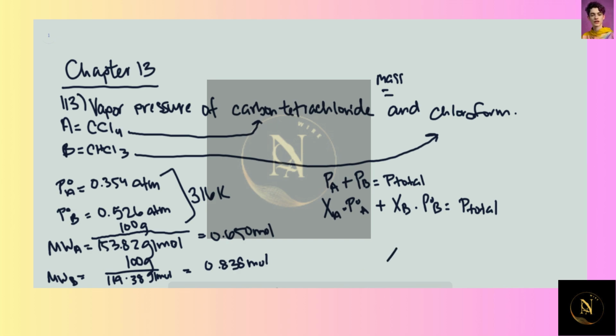Now what we have to do is use these two molar amounts to find the mole fractions of each, carbon tetrachloride here and chloroform, and we know the pressures of pure carbon tetrachloride and chloroform. So you can plug them into this equation here. The mole fraction of carbon tetrachloride is the number of moles of carbon tetrachloride over the number of moles of both substances combined. And we know that the pressure of pure carbon tetrachloride is 0.354 atmospheres.